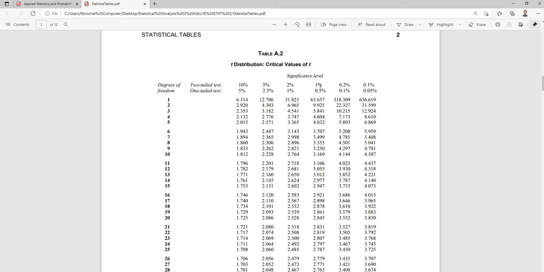Degrees of freedom is n minus 2. N is equal to 20. 20 minus 2 is 18, so we seek 18 here. Then along this row, we get the value 2.88 corresponding to the 1% significance level.